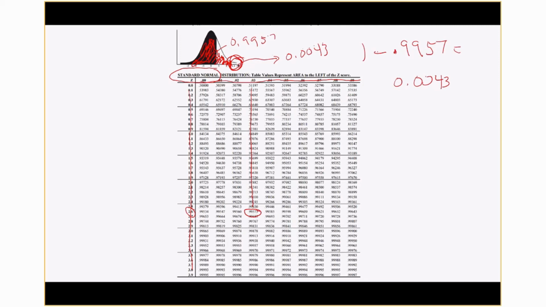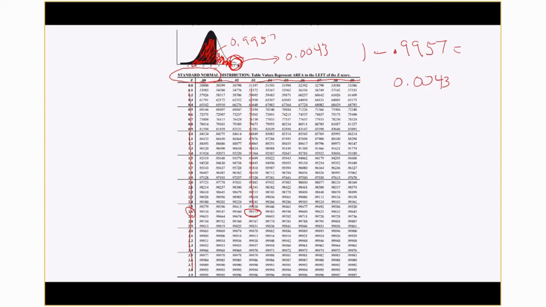And the "or more" part is important. What's the probability of getting a Z-score of exactly 2.63? Well, again, we're dealing with a continuous random variable, so the probability of getting exactly 2.63000000 would be 0. So this probability, 0.0043, corresponds to the probability of getting a Z value of 2.63 or more.